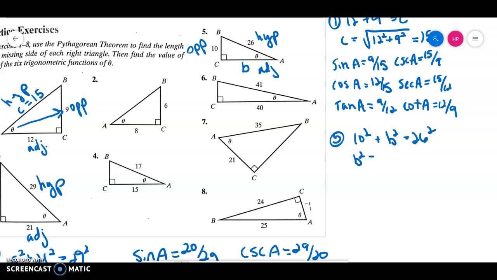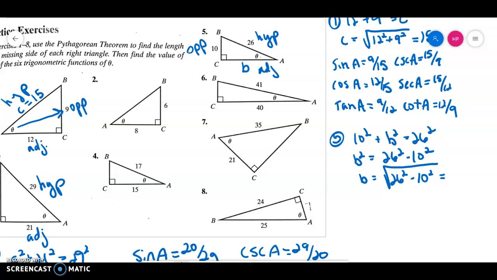So this one again, I'm going to have to subtract that out, and then I'm going to have to square root this quantity, which leaves me with, I believe, 576. I think 26 squared is 676, and 100 squared, or I'm sorry, 10 squared is 100.